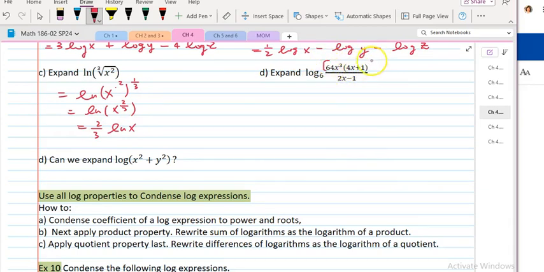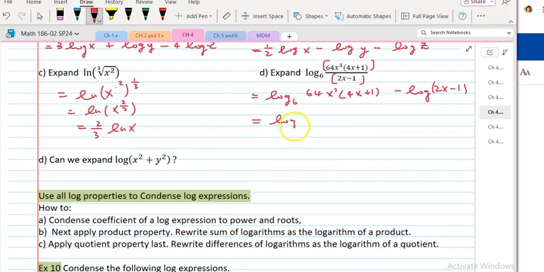Oh, this one is a lot, right? So I'm going to just do the fraction. So that was equal to log base 6 of 64x cubed times (4x plus 1) minus log base 6 of (2x minus 1), right? So this is a quotient. And then I look at this, there's a lot of multiplying.